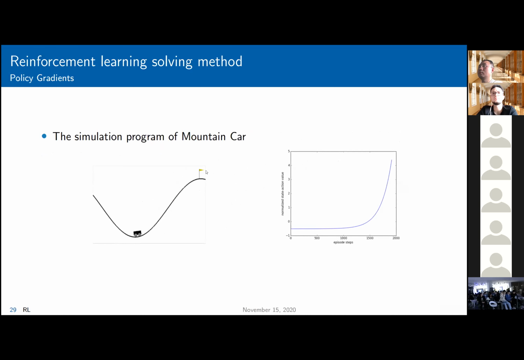When the car climbs the mountain summit, it gets reward. Okay, what do we control?